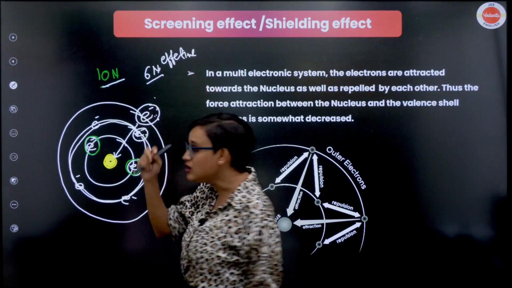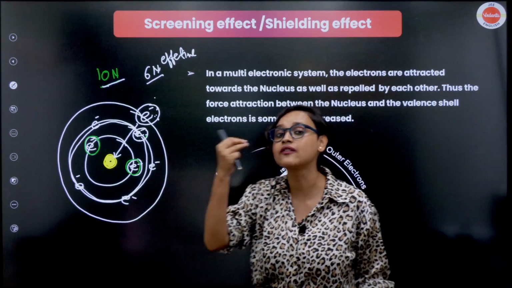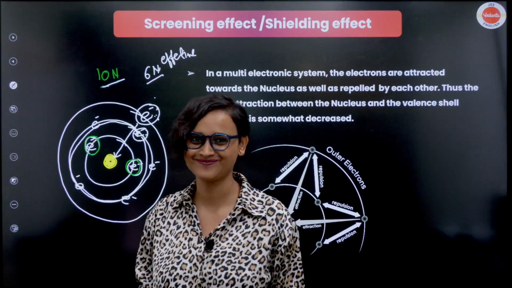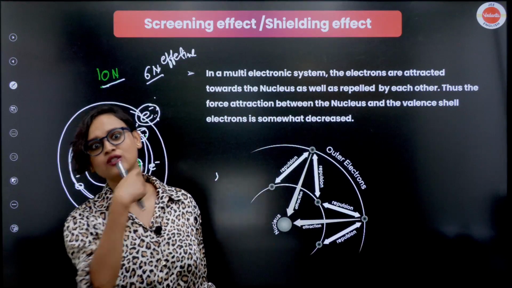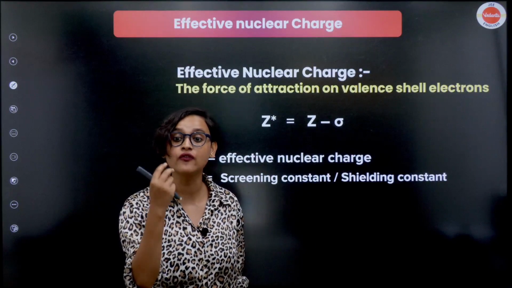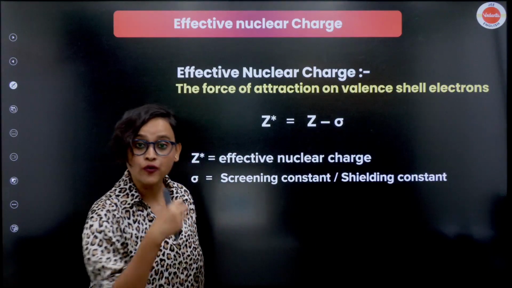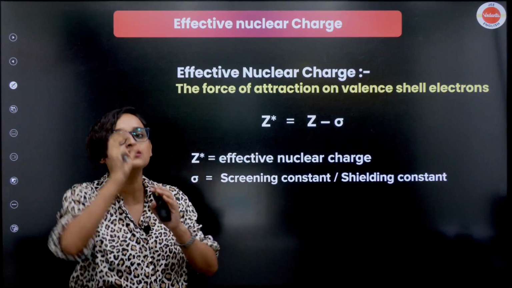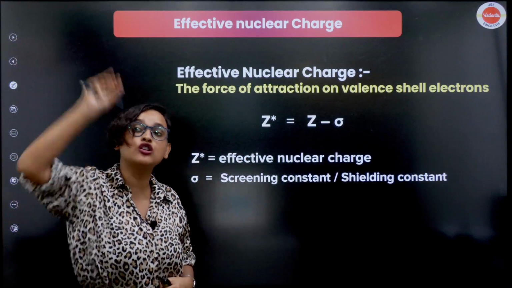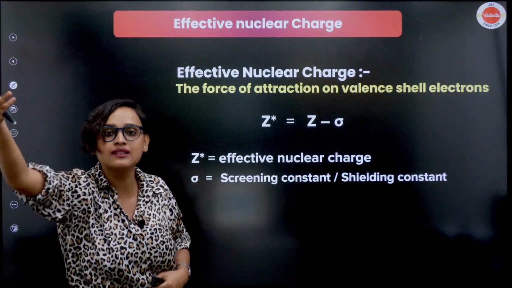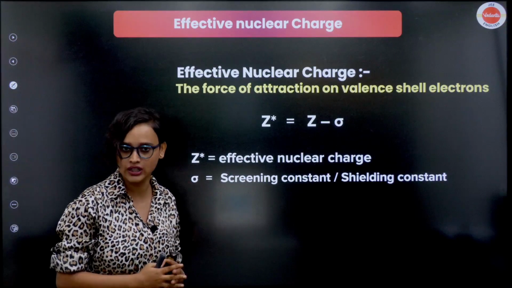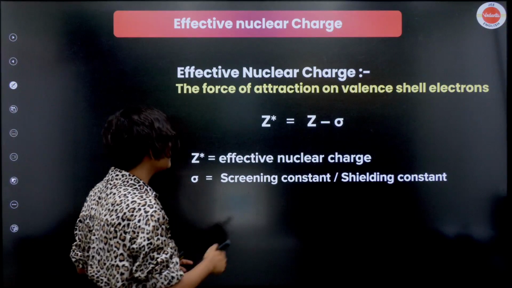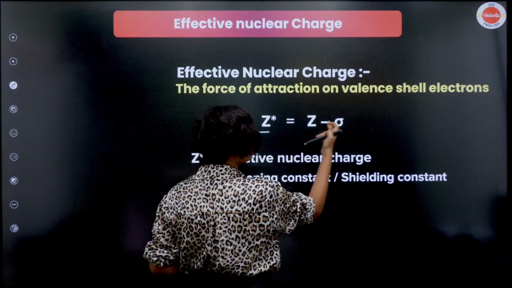That means the nuclear charge that actually is affecting the electron, not the nuclear charge that the nucleus was exerting. The force that the outermost electron is experiencing after attraction and repulsion is called the effective nuclear charge, and we give it as Z star equals Z minus sigma.